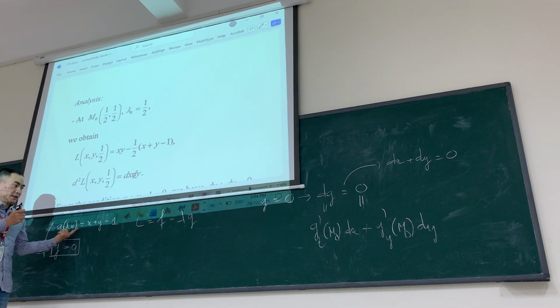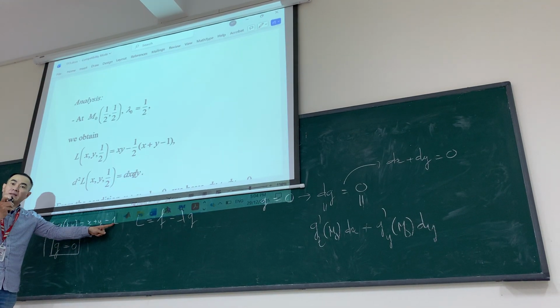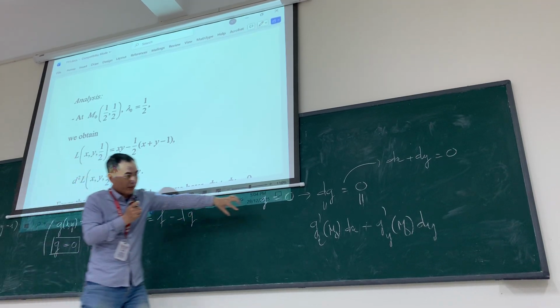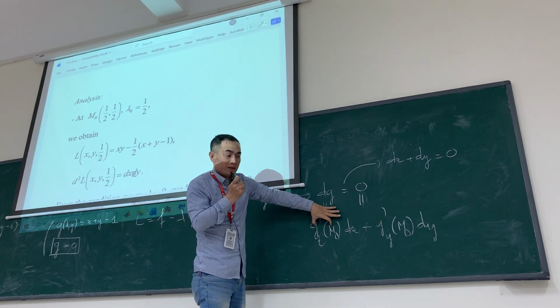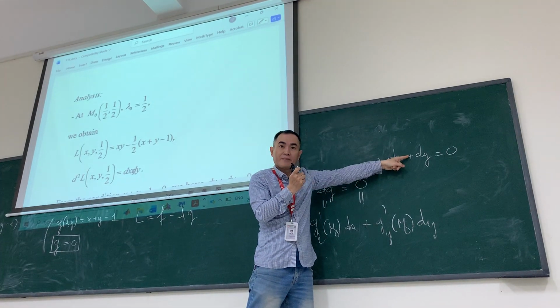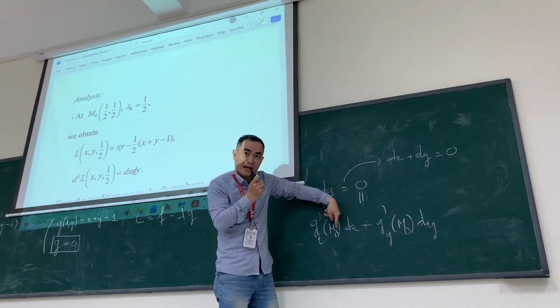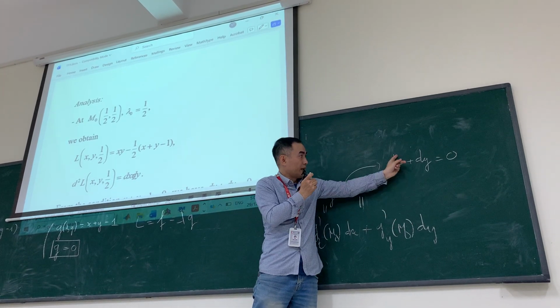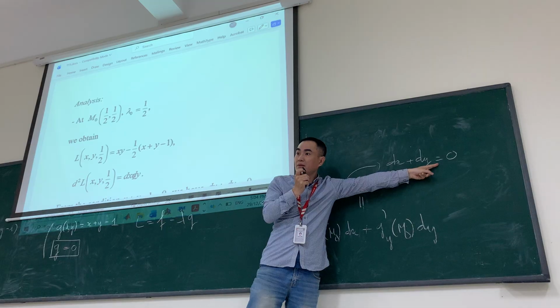Z is equal x plus y minus 1. Z prime x is 1. Z prime y is 1. So we have 1 times dx plus 1 times dy, so dx plus dy equals 0.